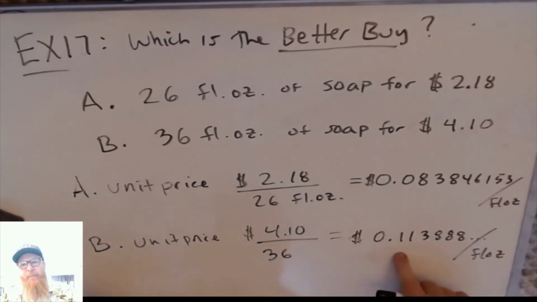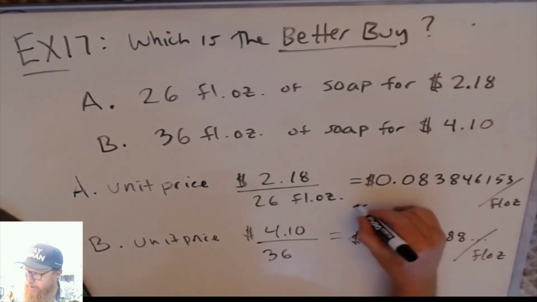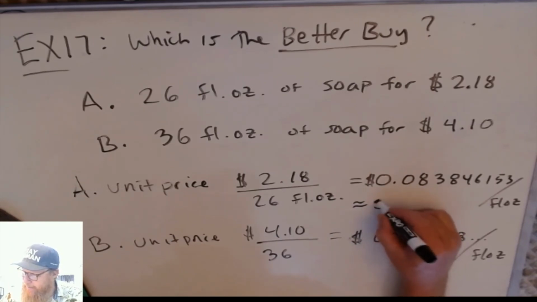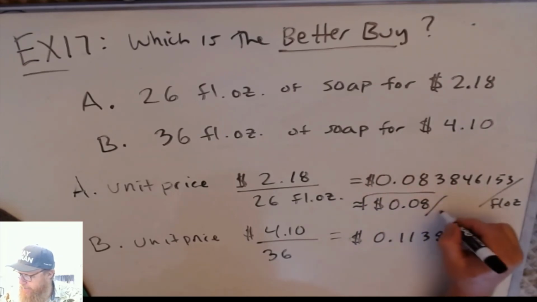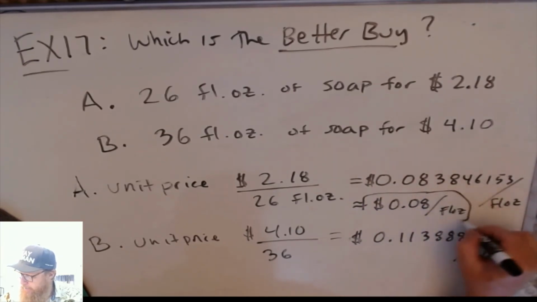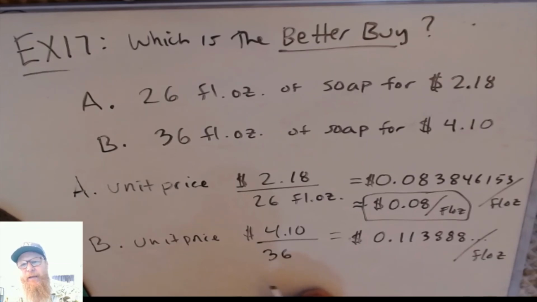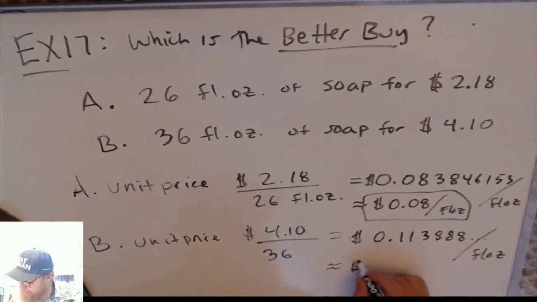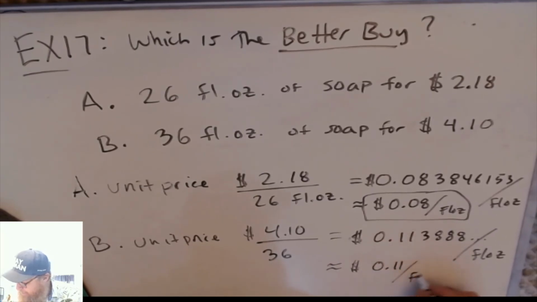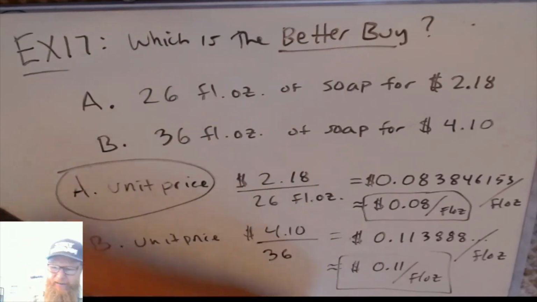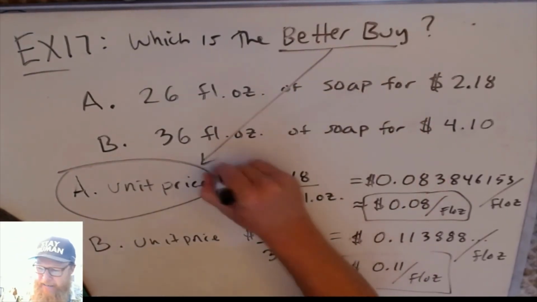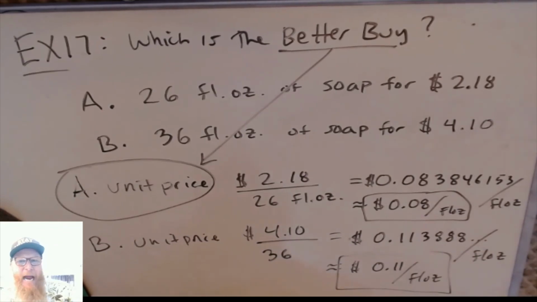So this one's about 11 cents. So I'm going to do the squiggly. So I usually round these. So that would be 8 cents per ounce if you round it. And this one, the squiggle means I've rounded it, 11 cents per ounce. And so clearly the better buy is product A. Yeah, it's the better deal.